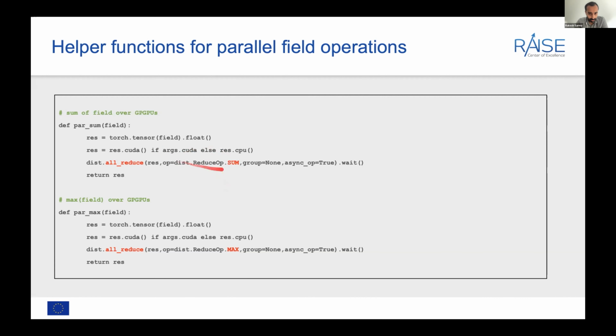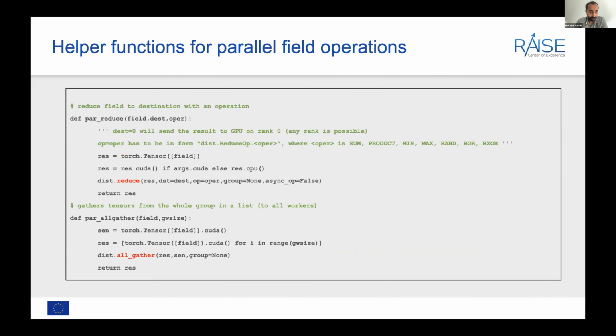So on the top here, we do a sum, for example, and on the bottom, we do a max of a certain field across these different workers. Then there are other such implementations that we have in the repository. Just to point out, for example, this all gather, which we use, for example, to gather the losses to a specific list, and then we compare this at some point.